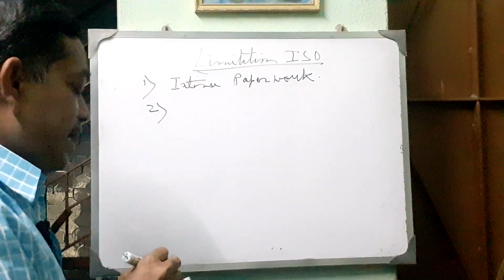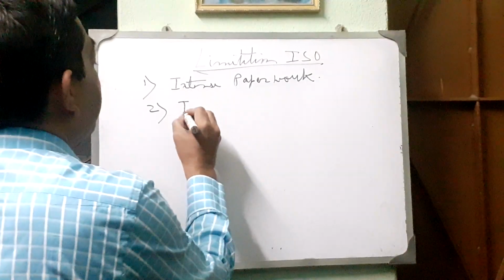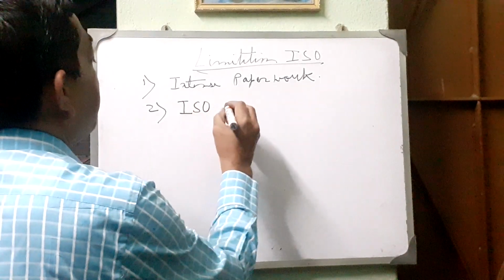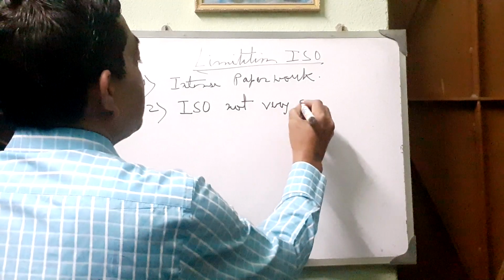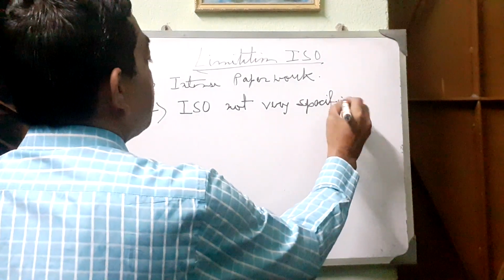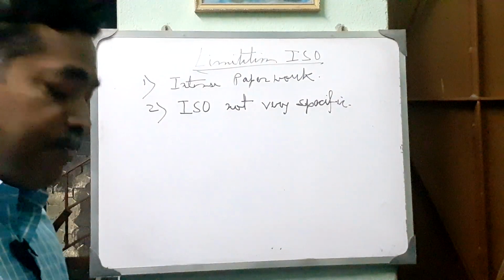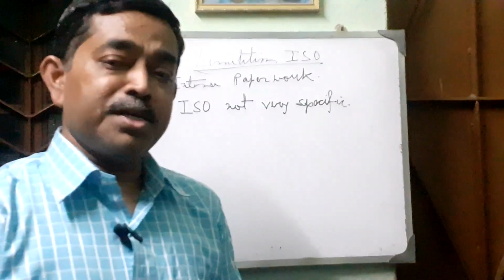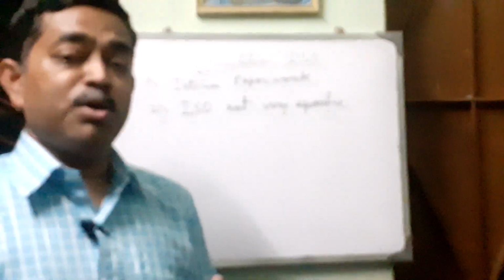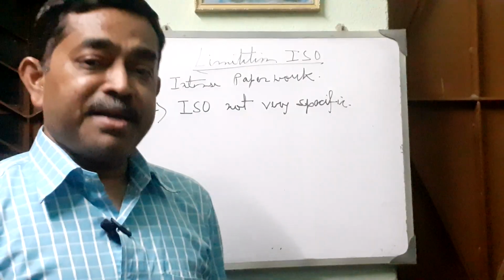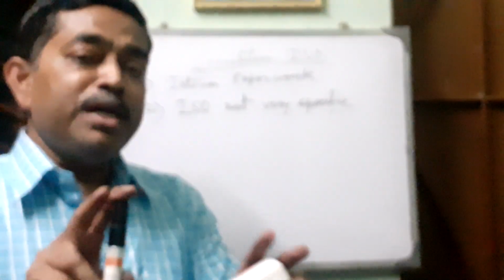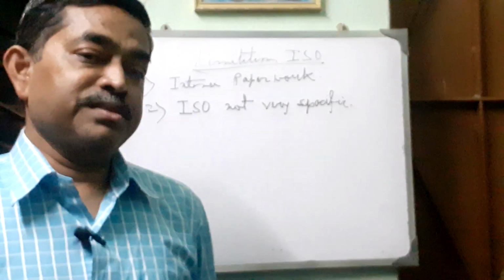Personally I think that ISO is not very specific. The ISO organizers should think about this, because when your product fails in the market, ISO will not take any responsibility.